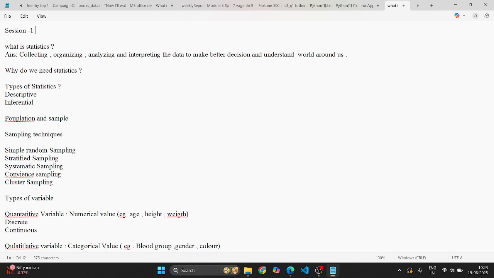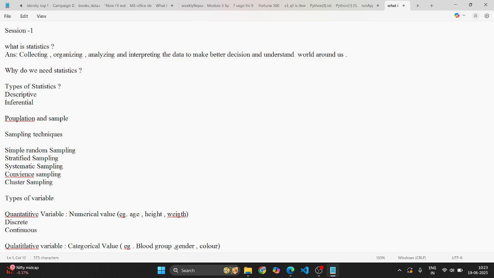To make better decisions and understand the world around us. Why do we need statistics? To make decisions, to summarize the data, to analyze what trends are going on. Another topic is the types of statistics, which are descriptive and inferential statistics.